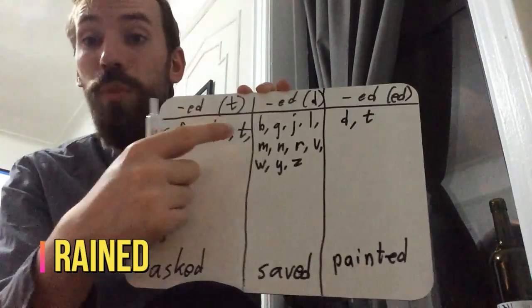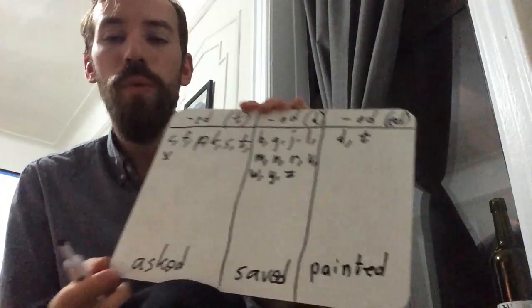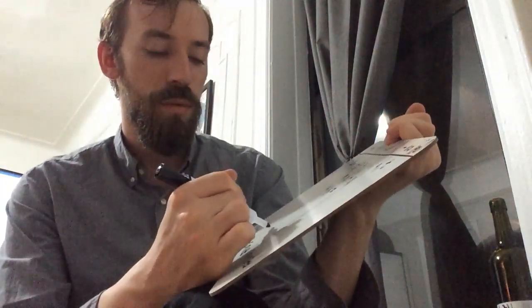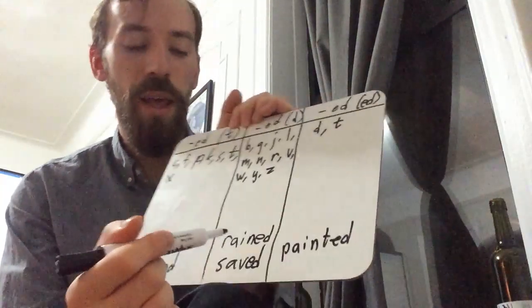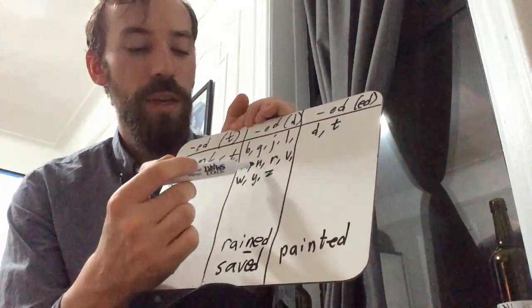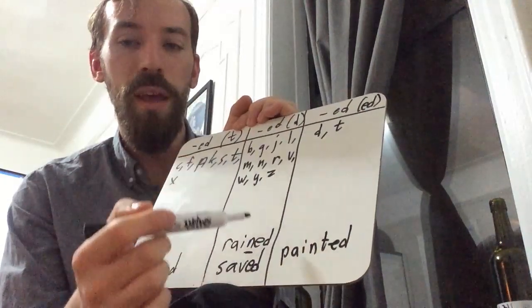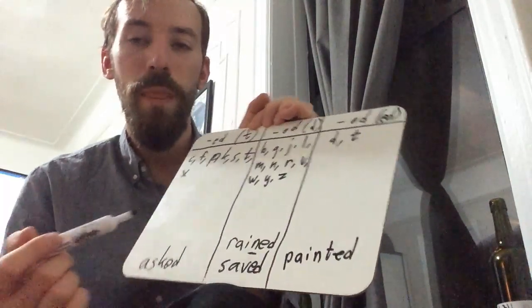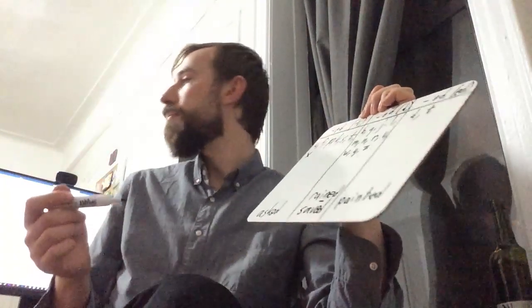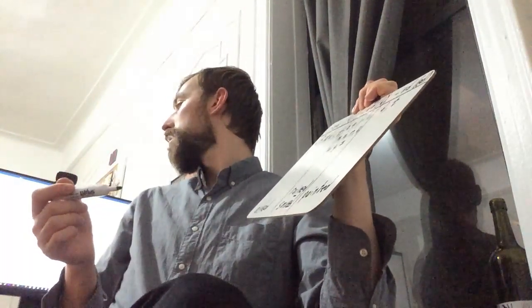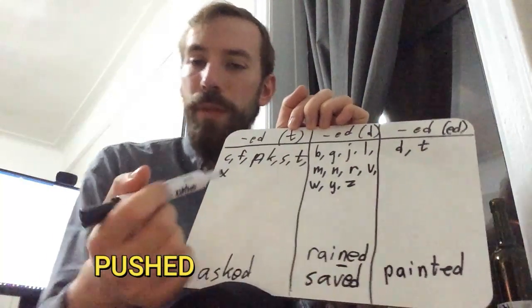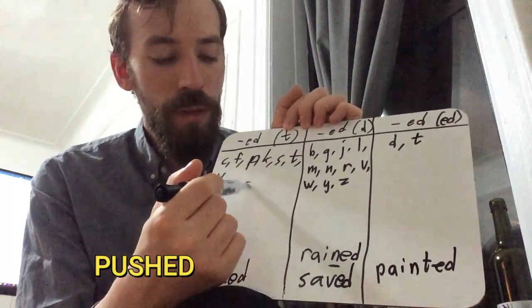It's rained with a D, so we put it here, because the N is a voice sound that goes there. What about pushed? Now this isn't really on here, but there's an SH sound as well.